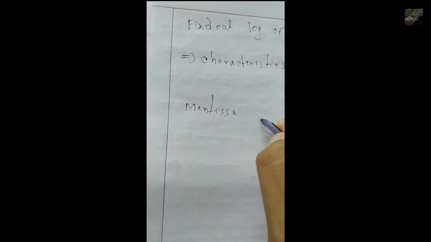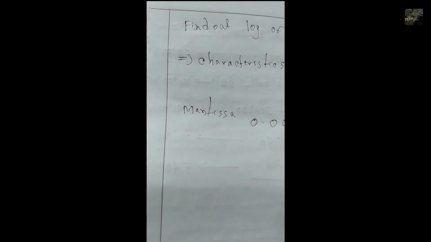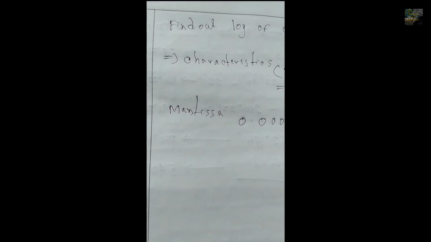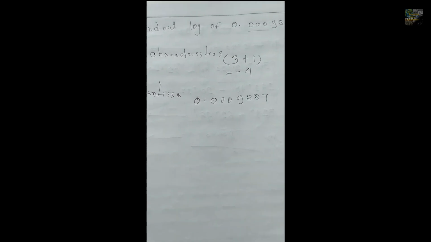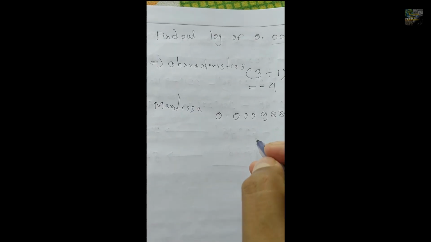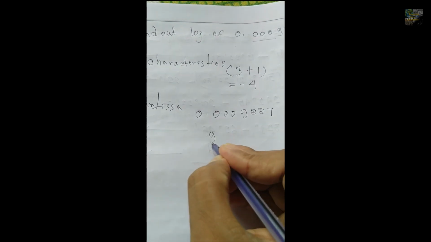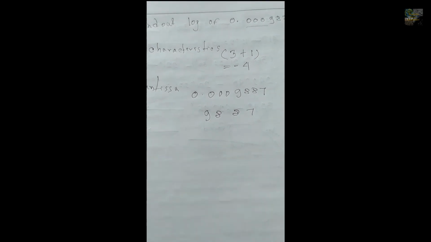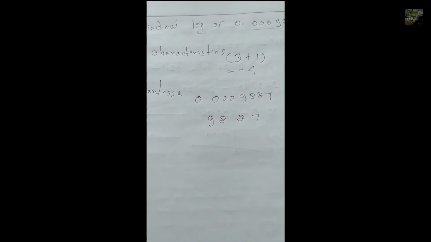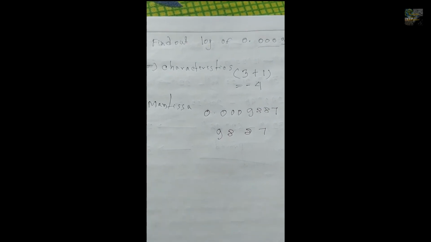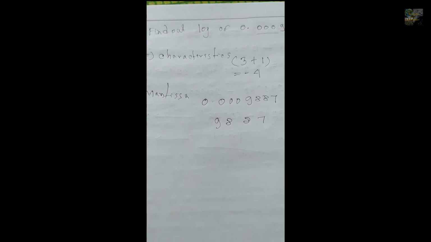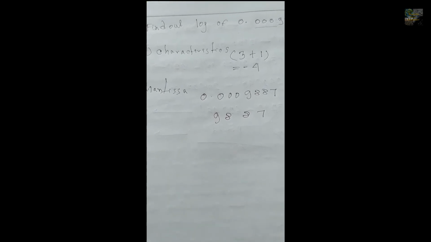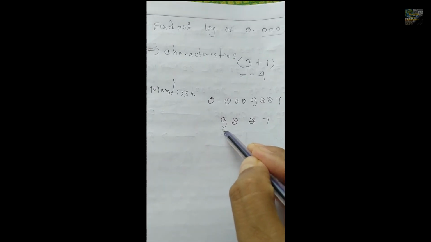Now I am going to calculate the mantissa. To calculate the mantissa, I have to write this value 0.0009887 in 3 formats in the previous way, 988 and 7. I have already done this in the case of finding a positive log value. So again we have to go to the standard log table to find the mantissa.